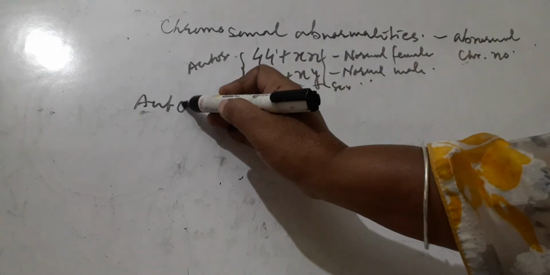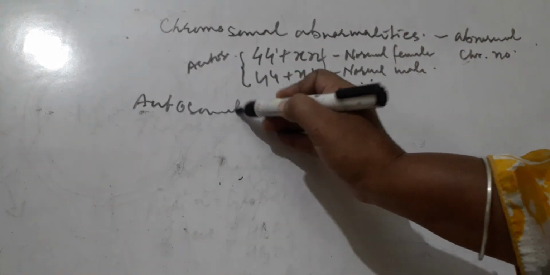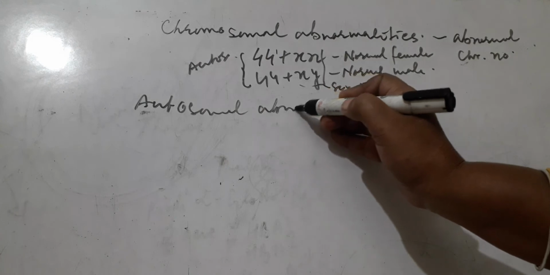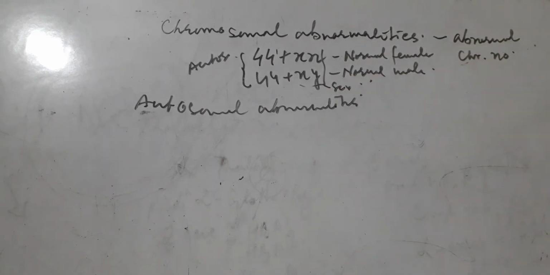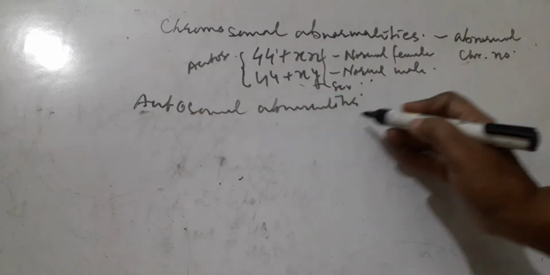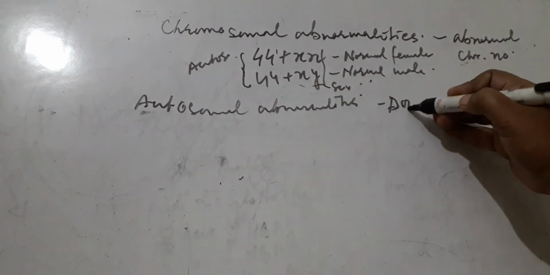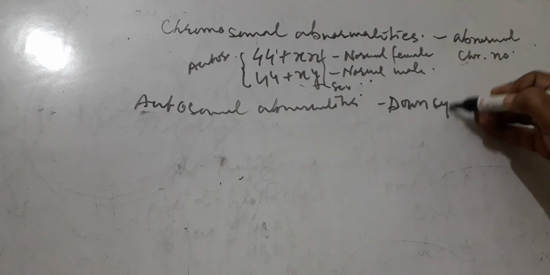The first autosomal abnormalities. Autosomal abnormalities, Down syndrome. First is only one, that is Down syndrome.